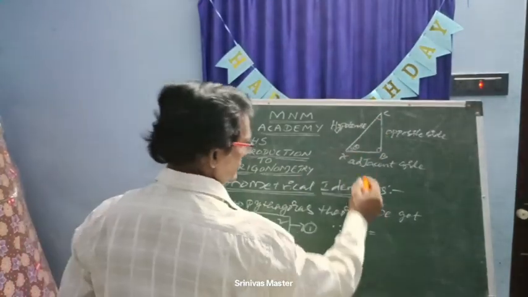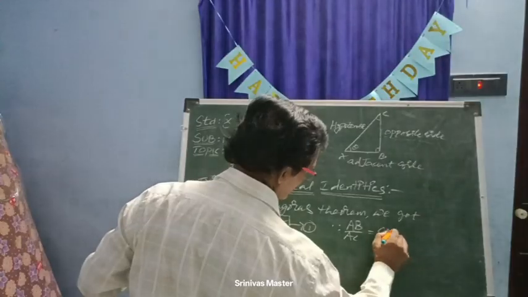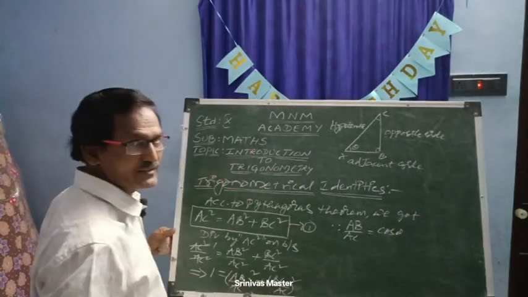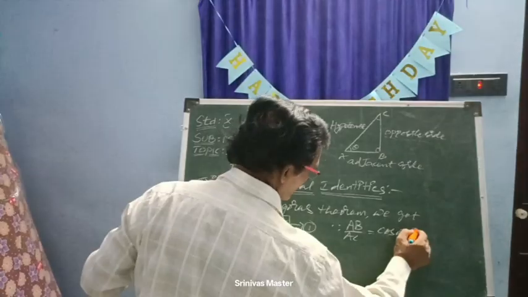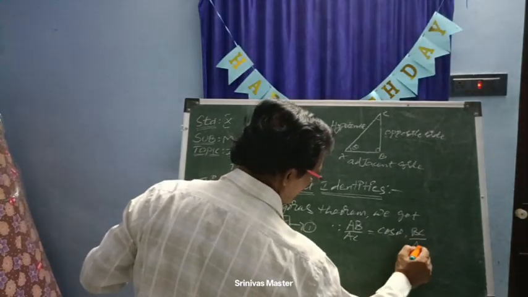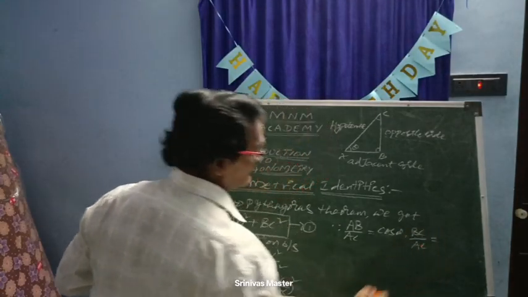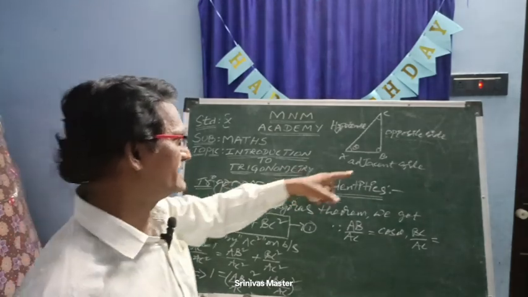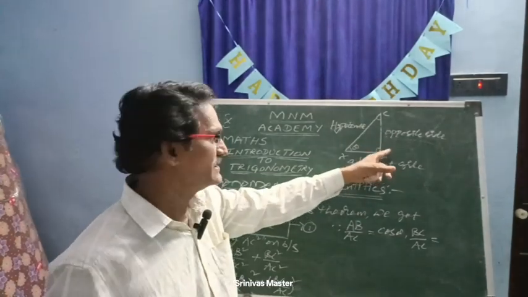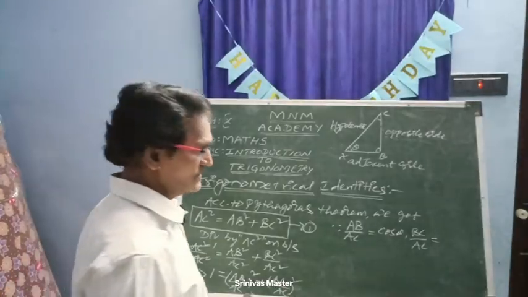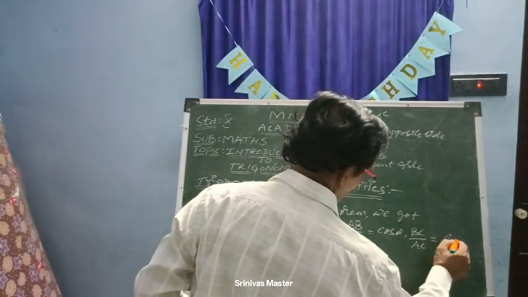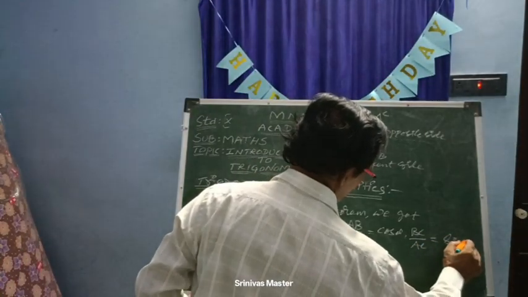Adjacent by hypotenuse, what do you call it? Cos theta. Next, BC by AC: BC is the opposite side and AC is the hypotenuse. Opposite by hypotenuse, what do you call it? Sin theta.